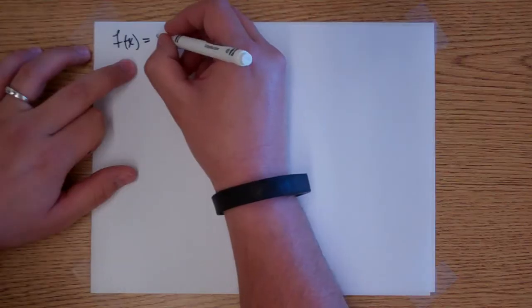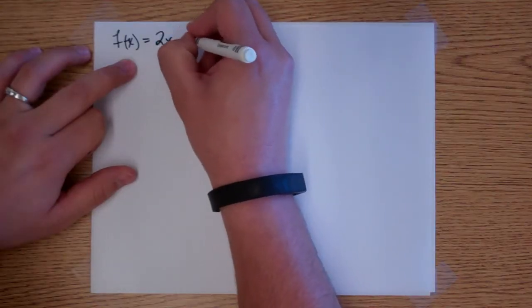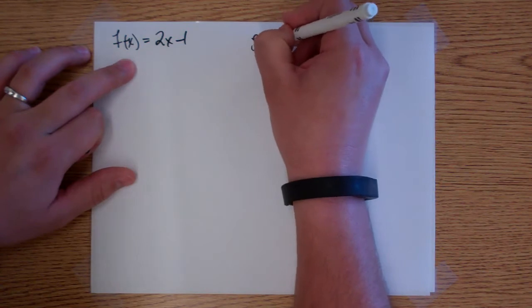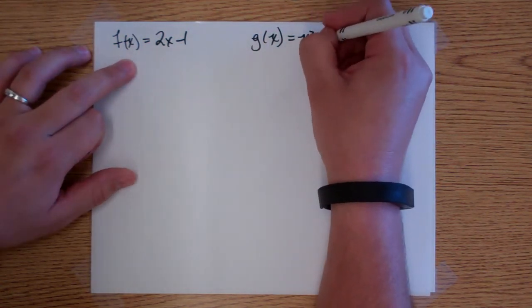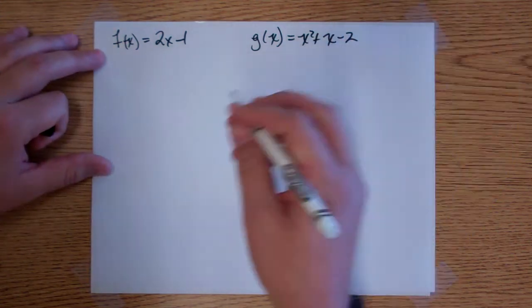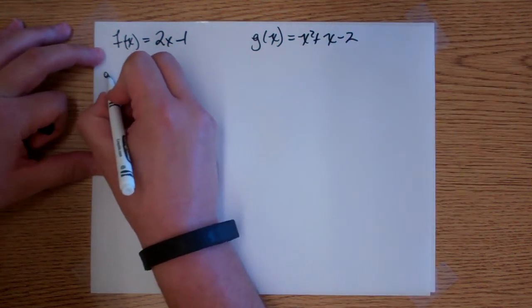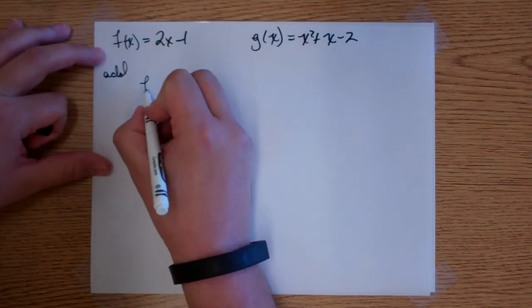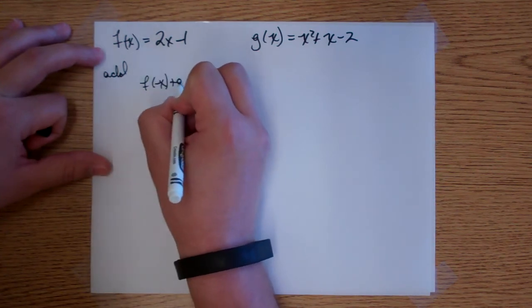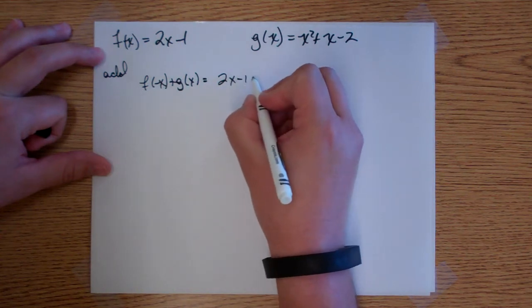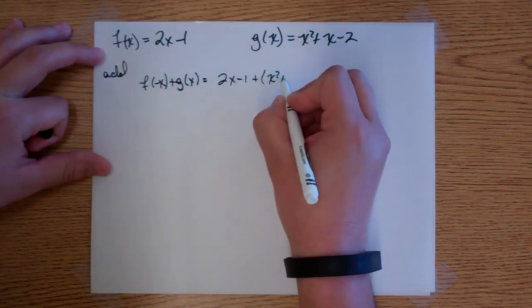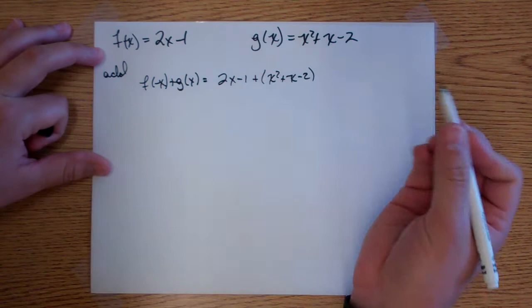So let's look at some examples here. f of x equals 2x minus 1, and g of x equals x squared plus x minus 2. If we wanted to add them, f of x plus g of x would simply be 2x minus 1 plus x squared plus x minus 2.